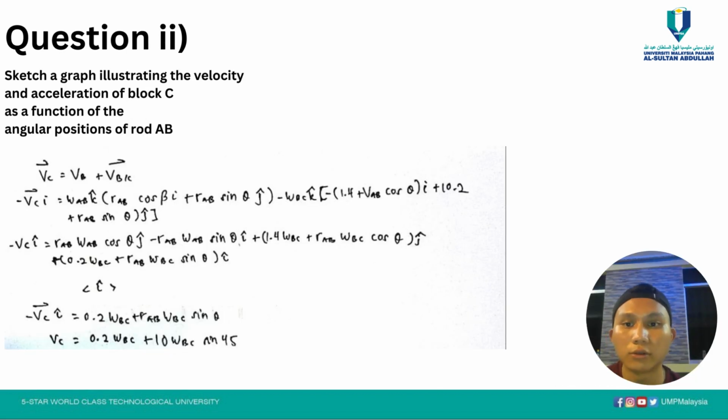My name is Excelsius Vista, MA22058, and I will explain the next question: sketch a graph illustrating the velocity and acceleration of block C as a function of the angular position of rod AB.